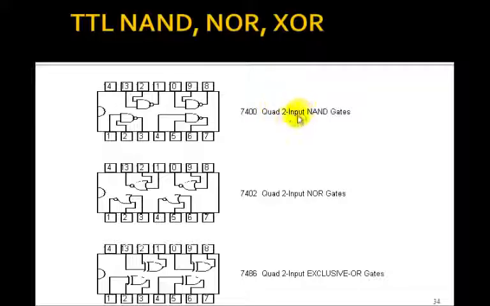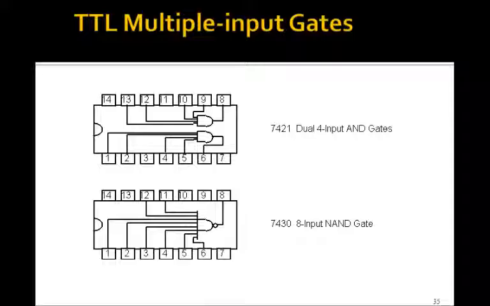The 7400 is a quad 2-input NAND gate. So these are 4 NAND gates. The 7402 is 4 NOR gates, and the 7486 is 4 exclusive OR gates. And there's all kinds of other ones. Here's a 7421, a dual 4-input AND gate, so you get 4 inputs in.